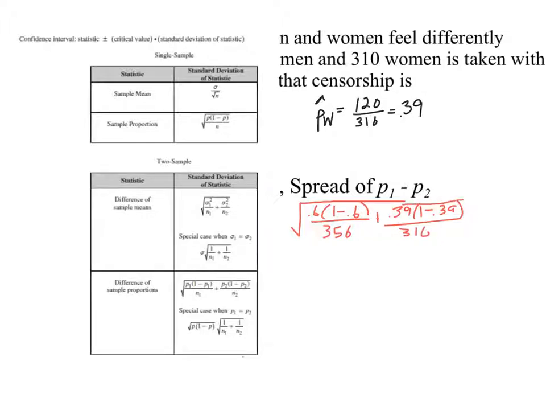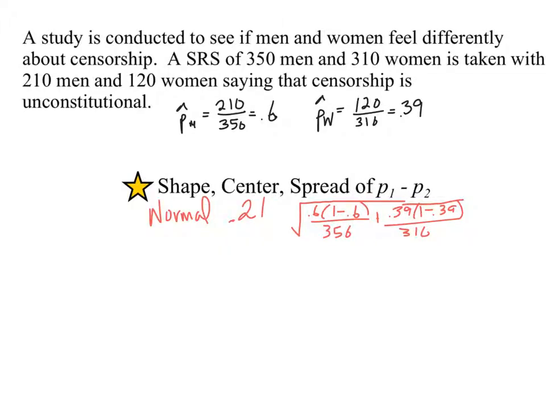And before you take the square root, remember you have variance, so that's why we're able to add these separate variances together and then take the square root. So this, as long as all conditions are met, is our distribution for our difference in proportions.